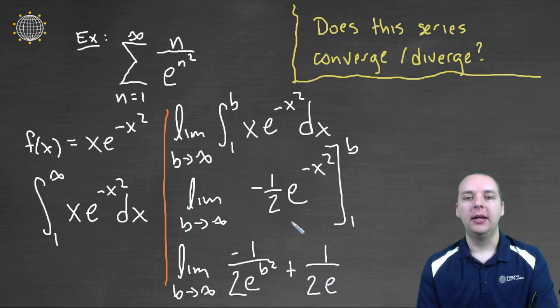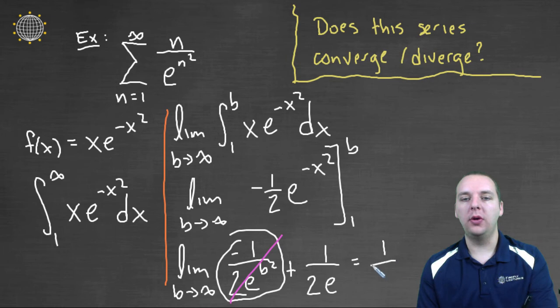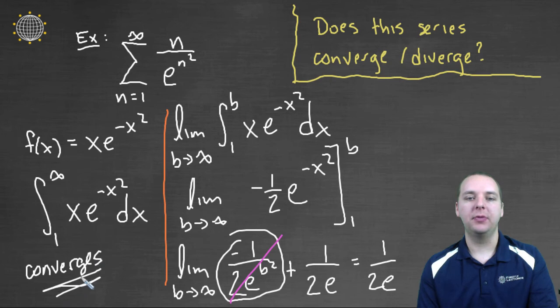Now you let b run the rest of the way to infinity. Let b get larger and larger. It should be pretty clear that term goes to 0. So this goes to 1 over 2e. That's a finite value, meaning that this improper integral converged.